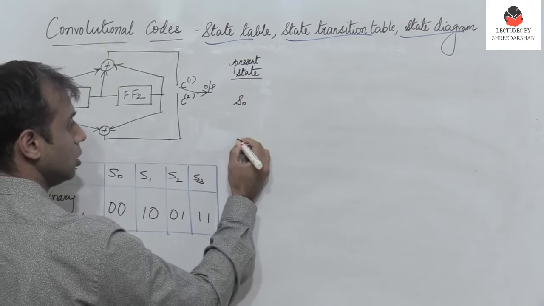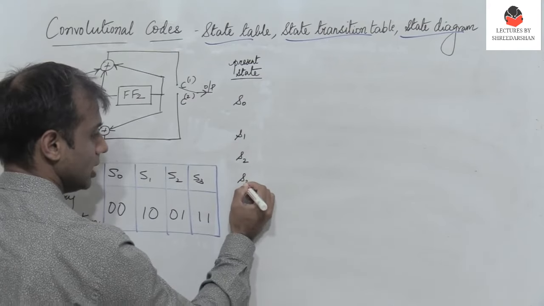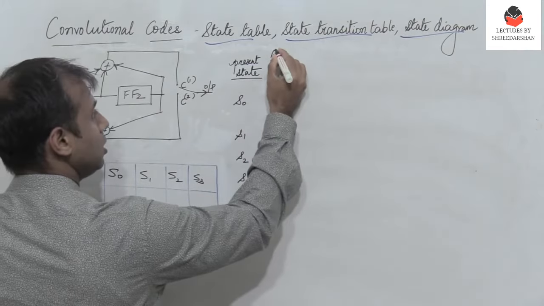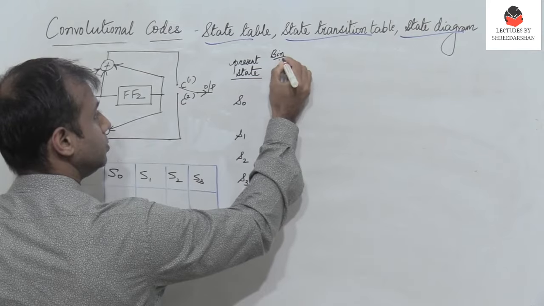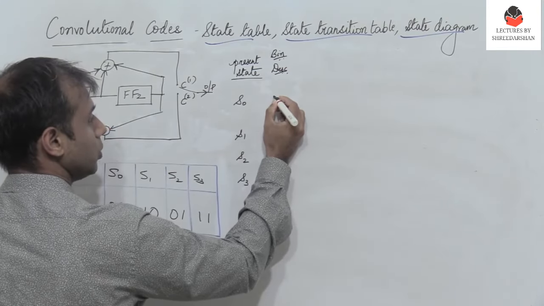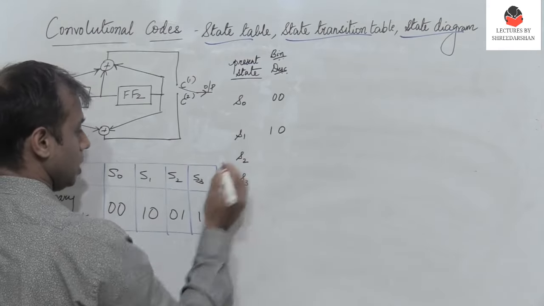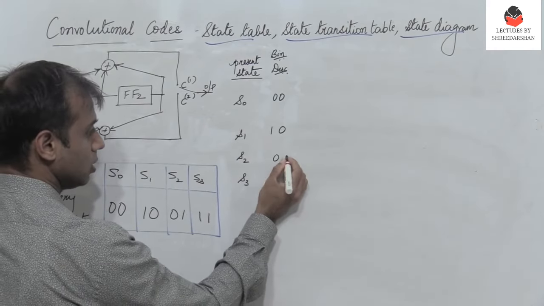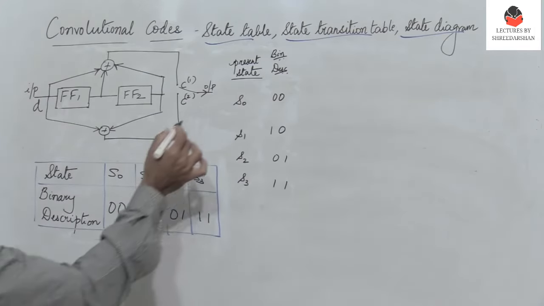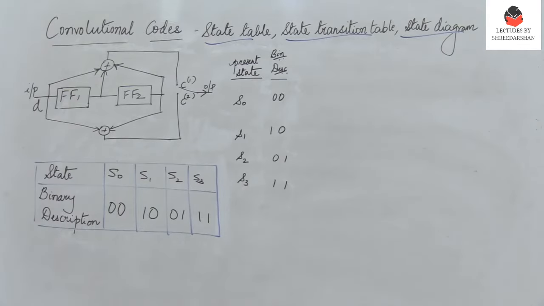Now let me write the binary description. For S0 it would be 0, 0. For S1 I have 1, 0. For S2 I have 0, 1. For S3 I have 1, 1. So these are the respective binary descriptions of the present state.